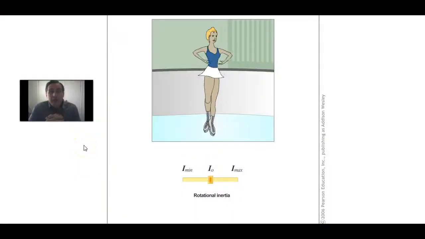So what I have here is a depiction of an ice skater rotating on an axis. Notice that the reason we use an ice skater is because we want to ignore the effects of friction. We only want to focus on the effects of changing the rotational inertia.